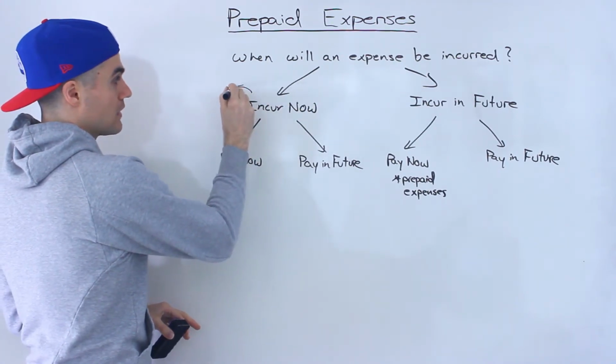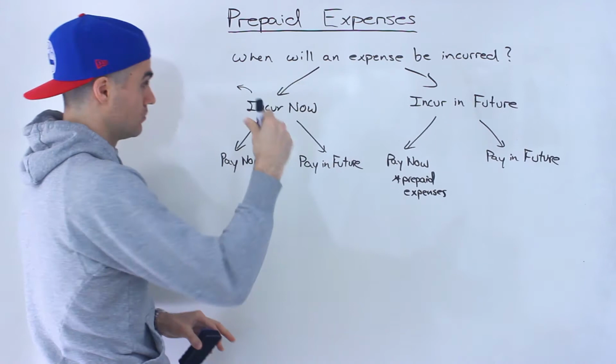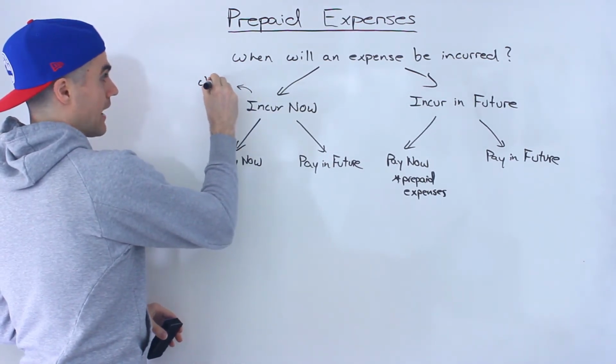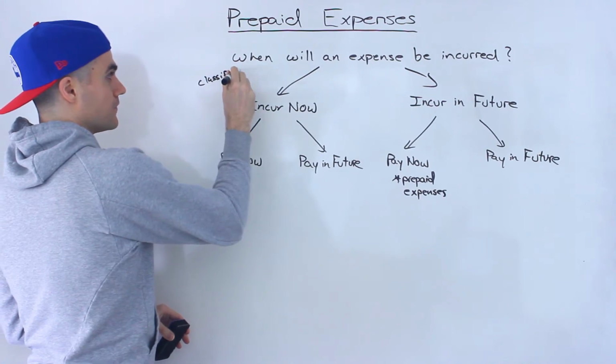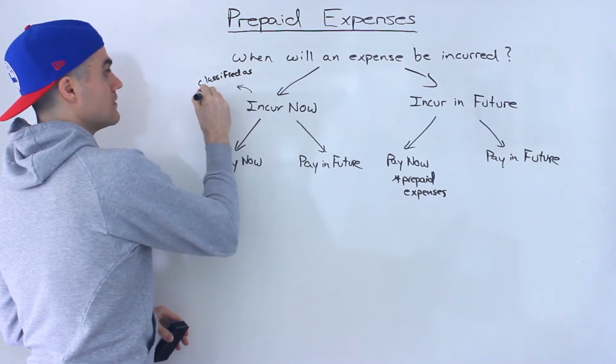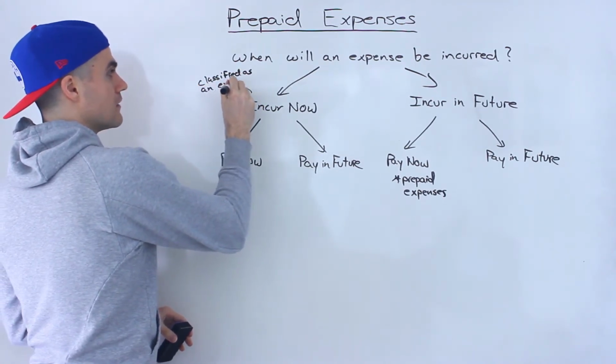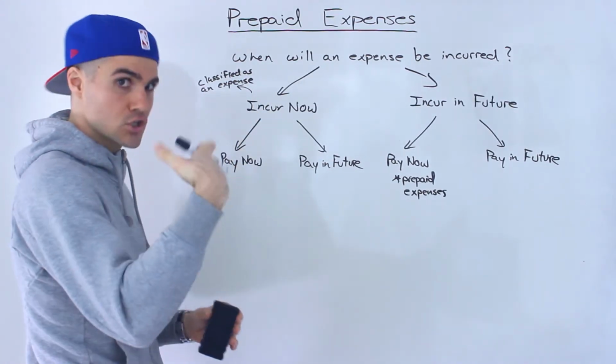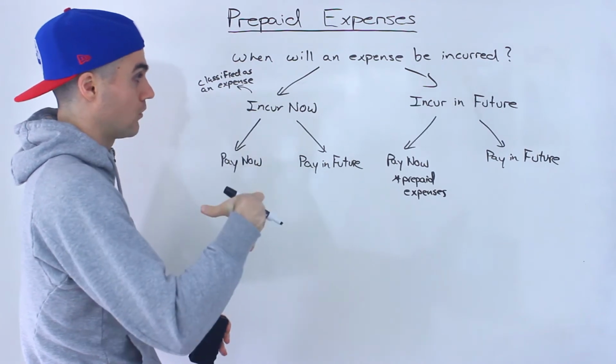So over here, if you incur an expense now in the period, then it gets classified as an expense. That's the only way that an expense can come about, if it's used now, if it's consumed now, if it's incurred now in the period that you're in.